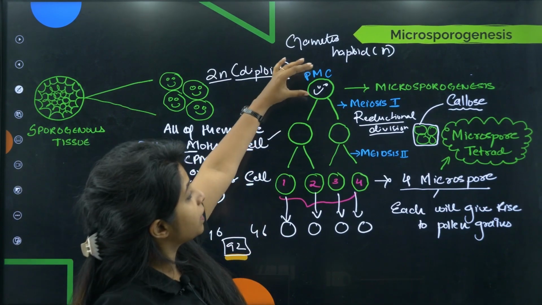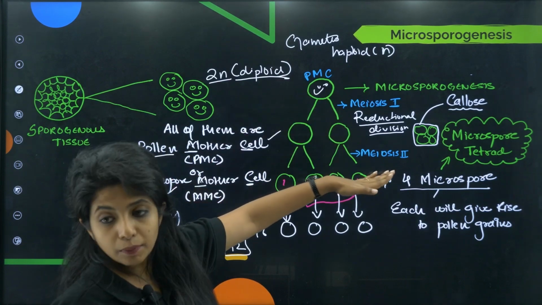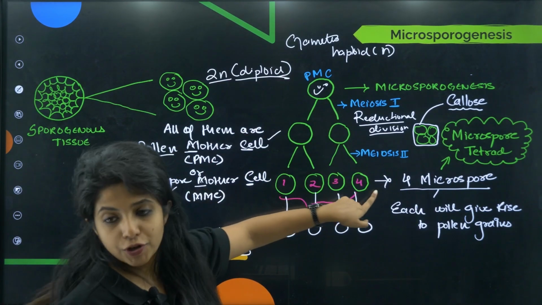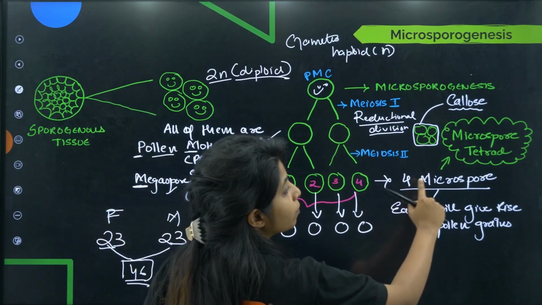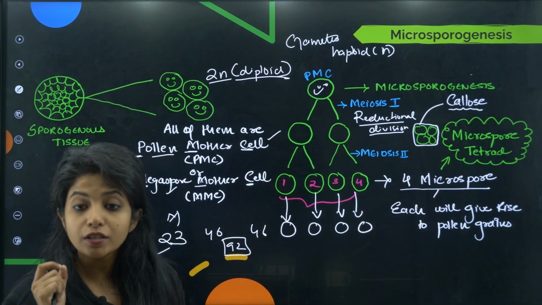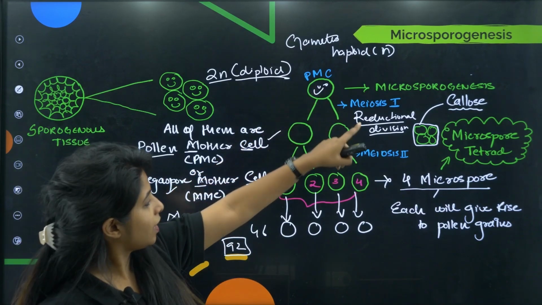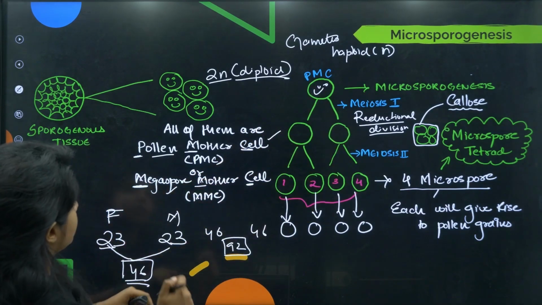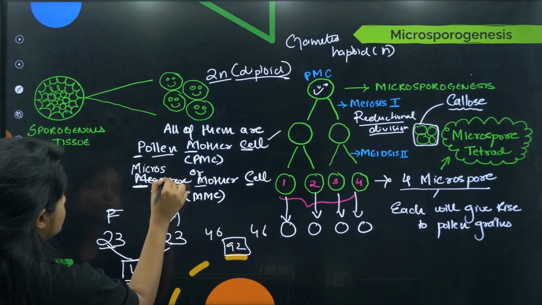In one stage the PMC underwent division, now you have two cells. In the second stage, the second meiosis happens, and basically you have 4 cells. Now I call these 4 cells 4 microspores. I call these 4 cells what? 4 microspores. Sorry, did I write megaspore anywhere? Yes, sorry, I meant microspore.